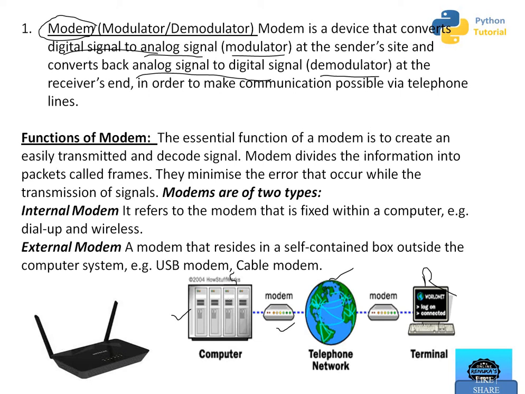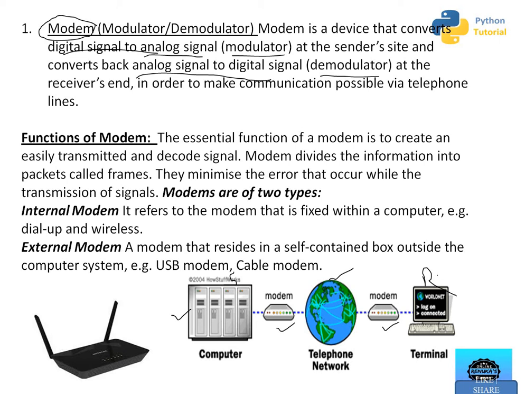One modem is needed at the receiver end and one modem is needed at the sender end. So both receiver and sender need a modem. At the sender end, the digital information will be converted into analog signals with the help of a modem and then transmitted to the receiver through the telephone network.